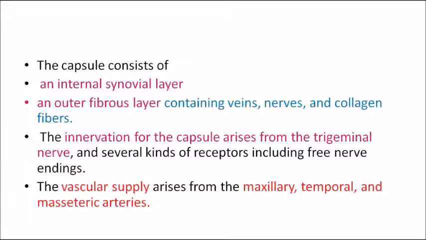The capsule has an internal synovial layer and an outer fibrous layer where you have the nervous and vascular supply. The nerve supply is provided by the trigeminal nerve as well as free nerve ending receptors, and the vascular supply is provided by the maxillary, temporal, and masseteric arteries.